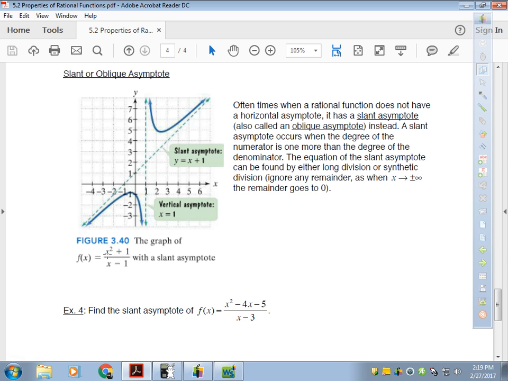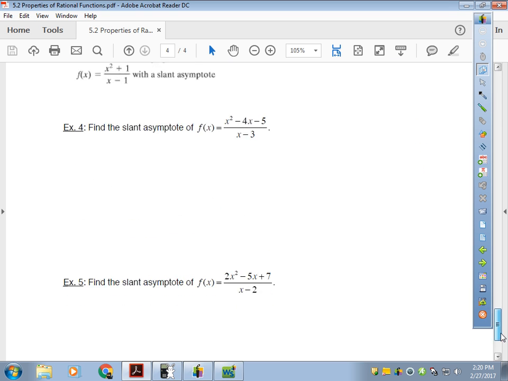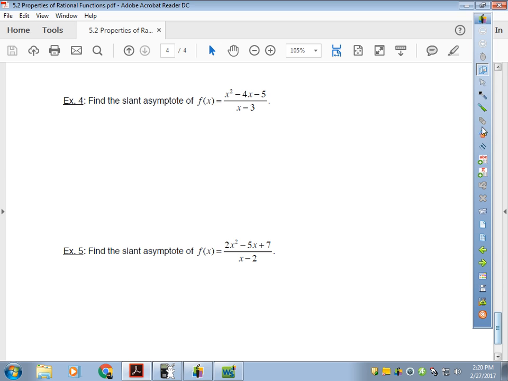The degree on top is 2, the degree on bottom is 1, so this is exactly 1 power higher, and it generates this slant asymptote, which is just a diagonal line at y equals x plus 1. So let's find some slant asymptotes.